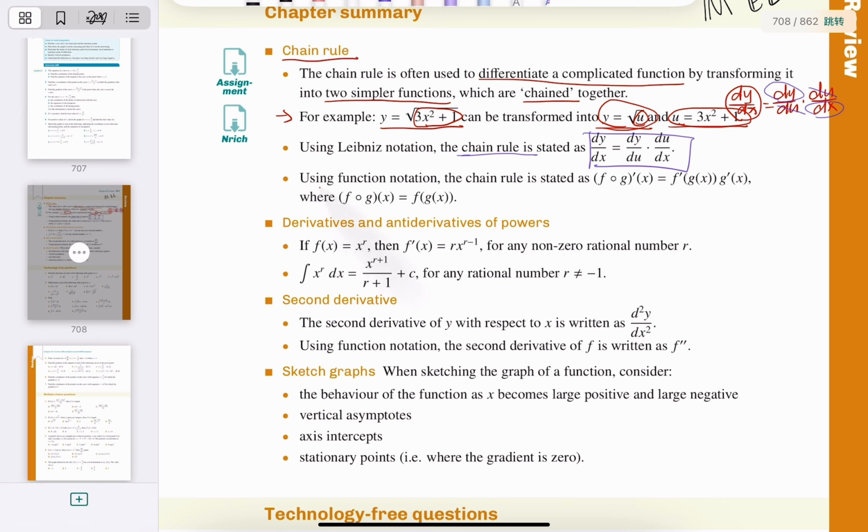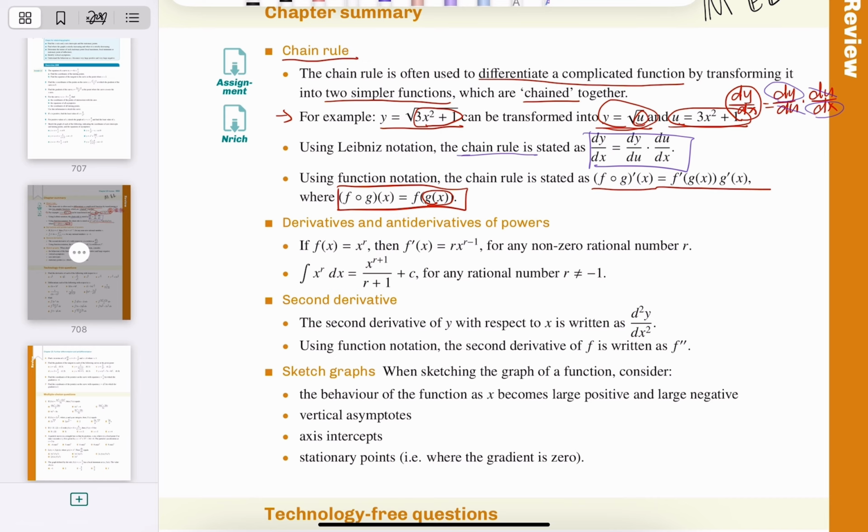Using the function notation, the chain rule is stated as follows. It's a composition of functions f and g, where f of g(x) means g(x) first, and then g(x) is put in the place of x in function f.